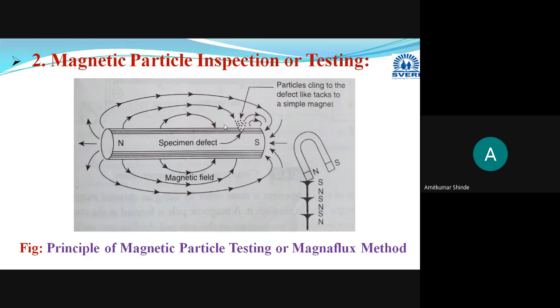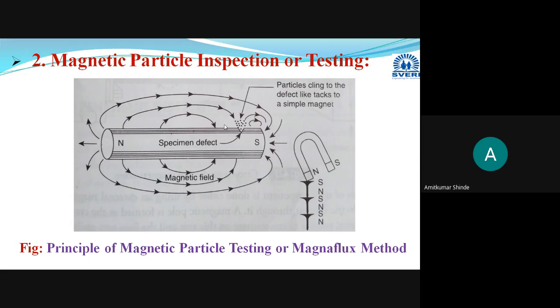In dry inspection, only ferromagnetic powder is used, and it is directly applied on the surface of the test specimen, and for that you can use different vibrating screens or hand shakers.